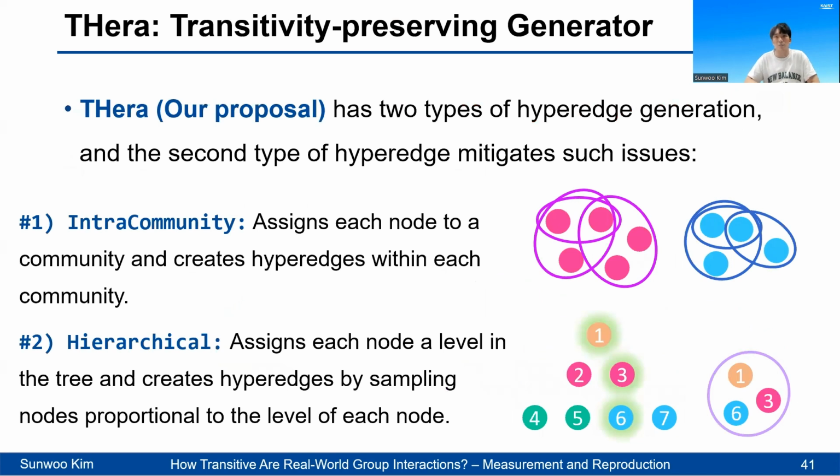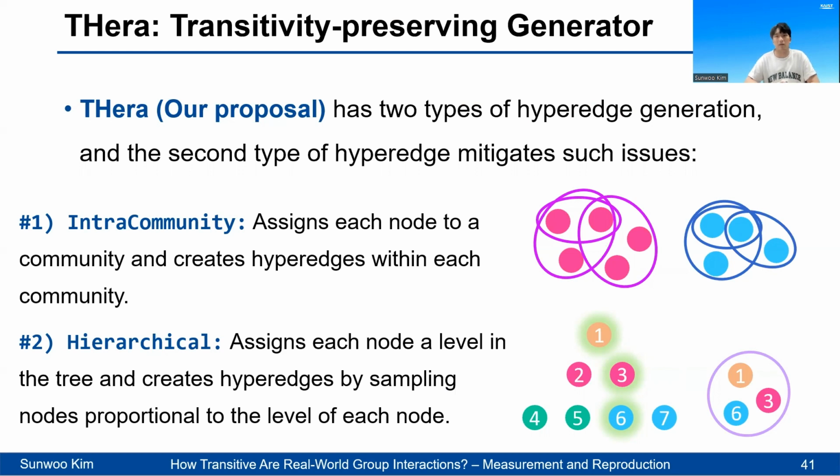Thera, our proposed hypergraph generator, mitigates such issues by generating another type of hyperedge. There are two types of hyperedges. The first, intra-community hyperedge, is identical to the generation method of Knife Thera. The second hyperedge, which differs from Knife Thera, is a hierarchical hyperedge.